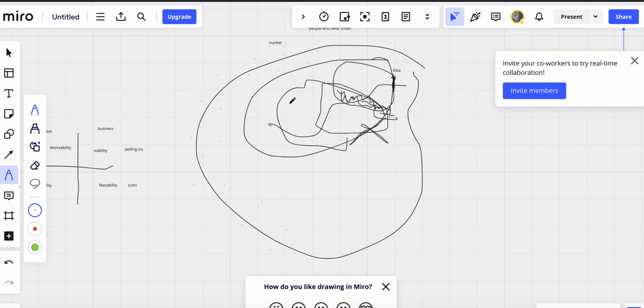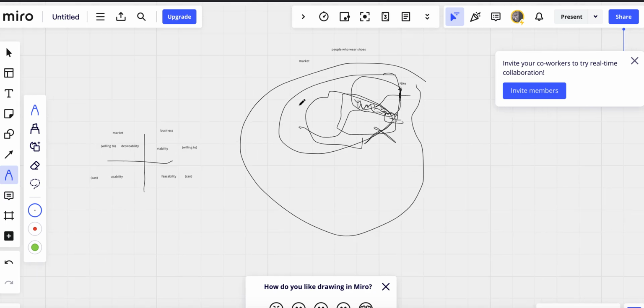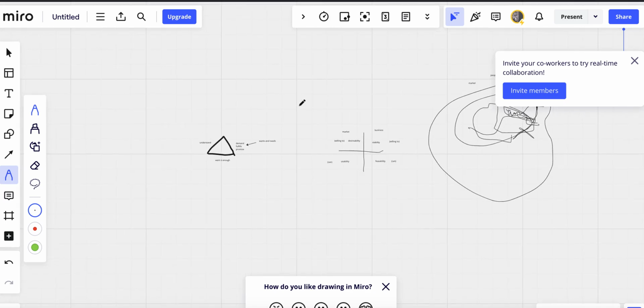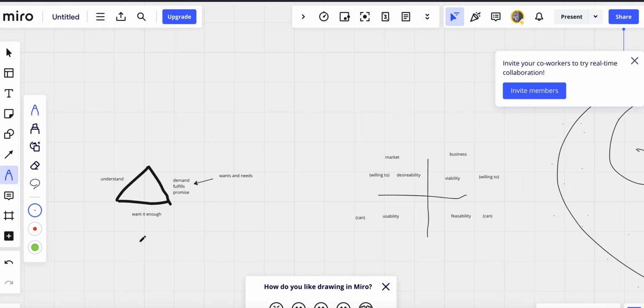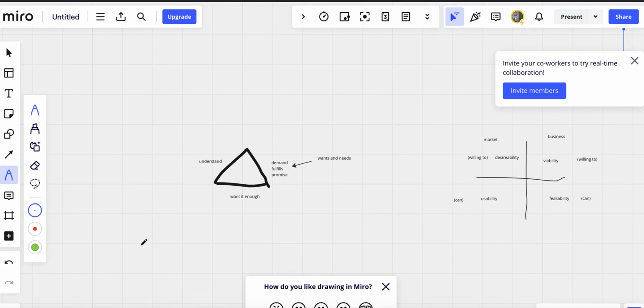So I think this whole premise of this simple triangle boils down to this: the triangle only works if there's a single customer or a single set of needs across multiple customer profiles that can be served.